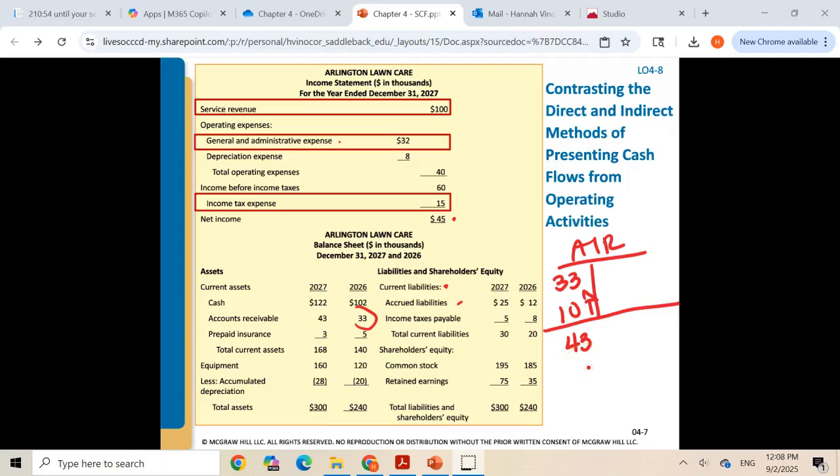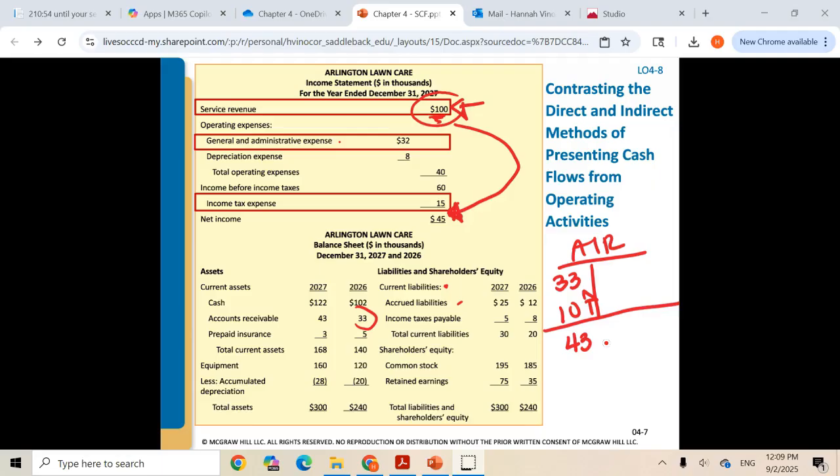So for that $10, we're going to say of this $100 of sales revenue that we have, $10 of it is non-cash. So this $100 is already embedded in this $45, right? So we only have to account for the non-cash portion, and that's just $10. So we have to remove $10 of this because we know it's not cash from our starting income of $45.